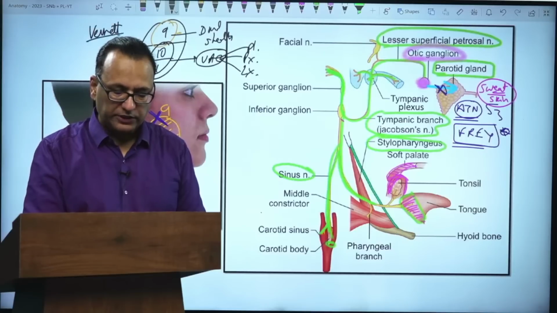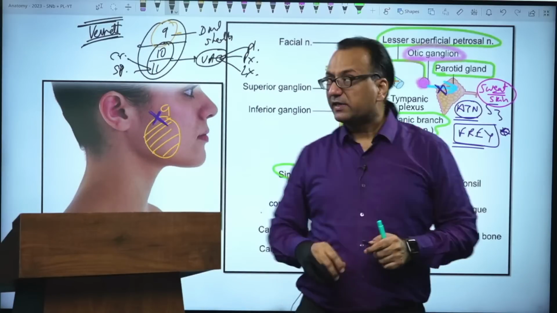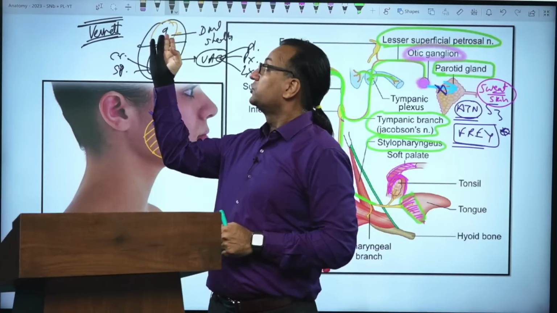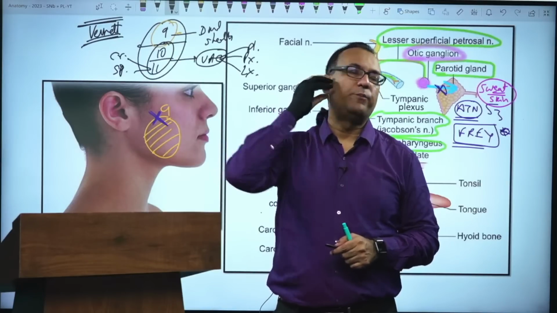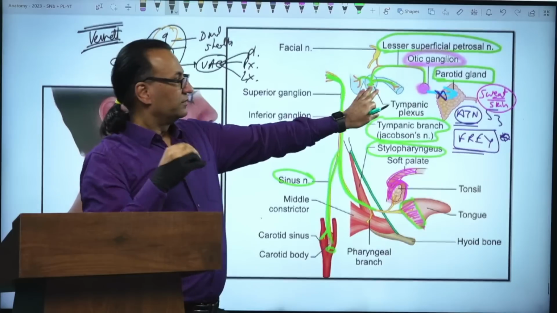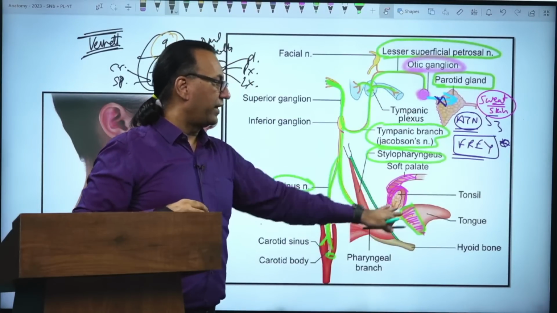Tell me the clinical features. In Wernicke syndrome, the clinical features are, number 9 is compromised. So sensation of middle ear cavity is gone and parotid secretion is gone, and sensation of oropharynx is gone.